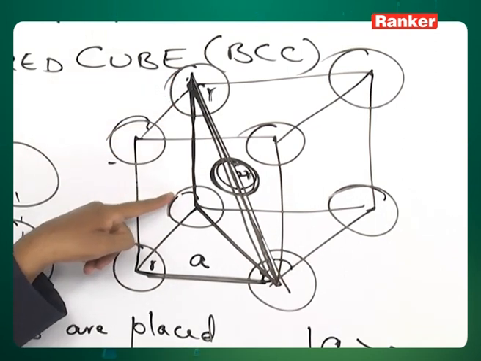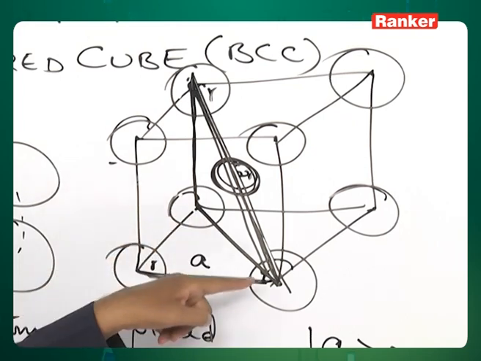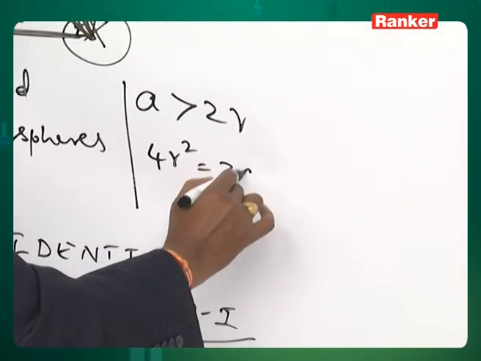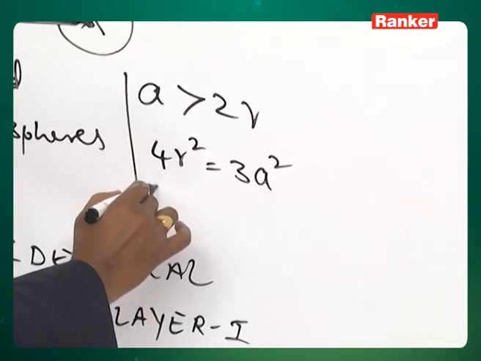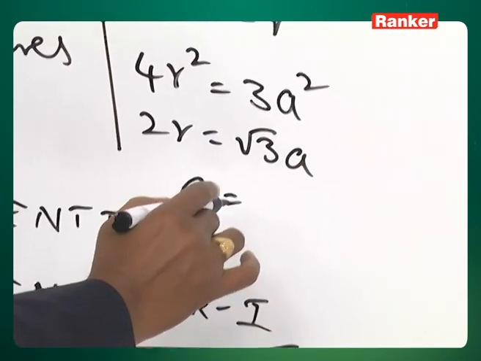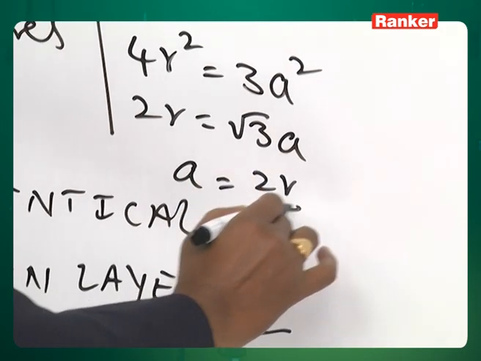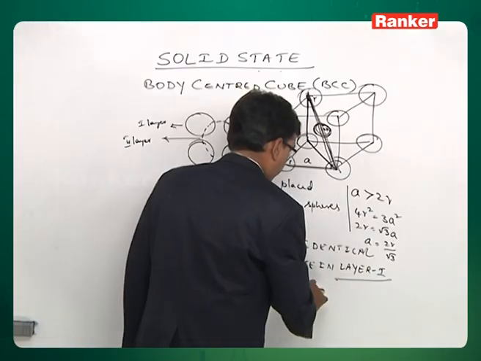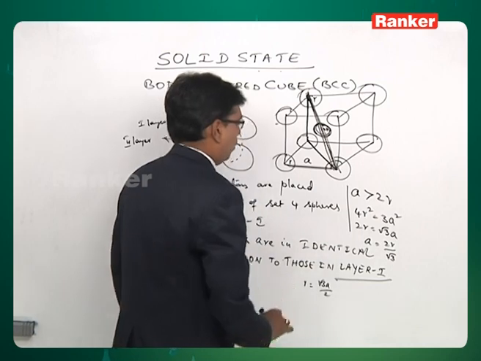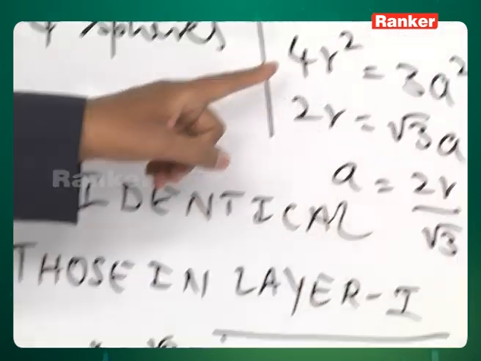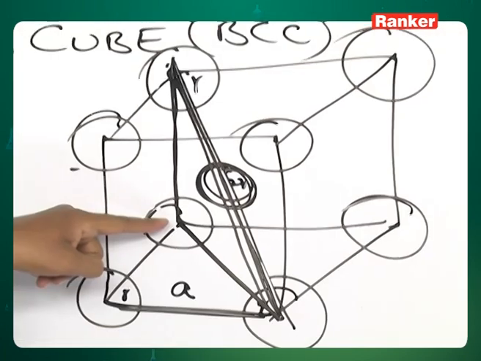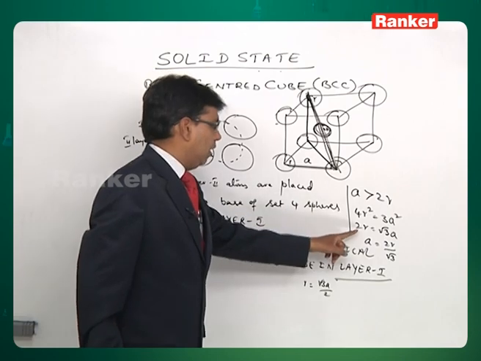Then 4r square is equal to a square plus 2a square, total 3a square.